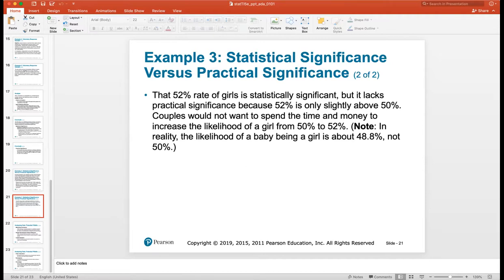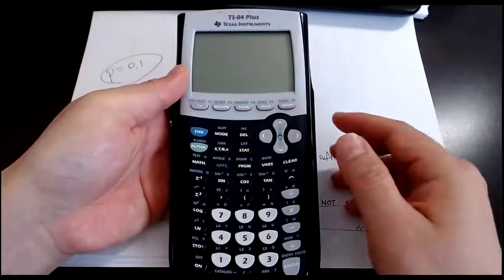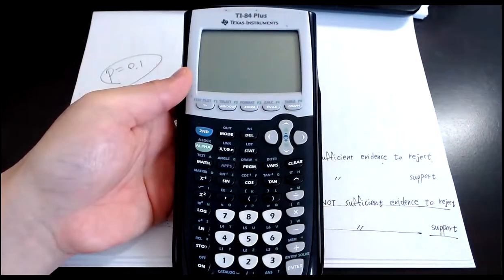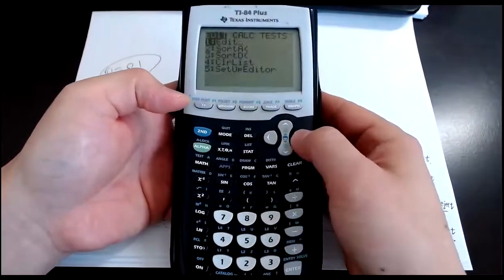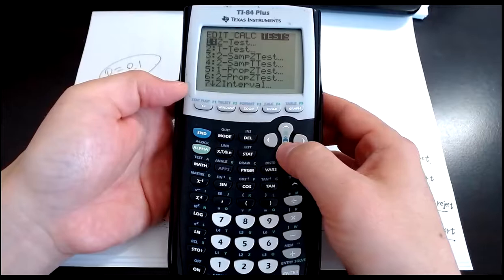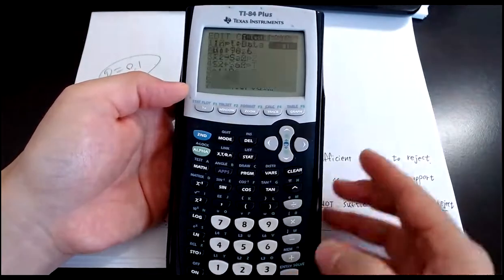So now we move to the original problem. We're going to calculate the test statistic and the p-value, right? So we go to the STAT TESTS menu and we use the t-test.